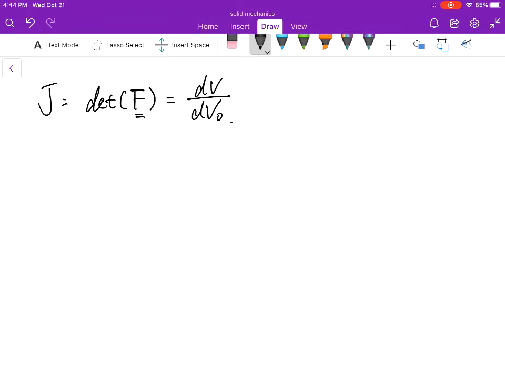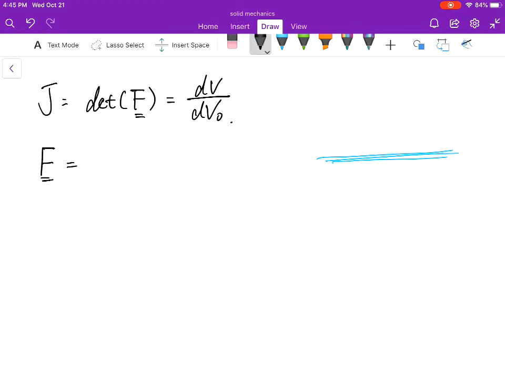Okay, in our last video we talked about the definition of the deformation gradient tensor and also how it looks for some simple deformation cases. Here I will show why this Jacobian equals the volume change. I will skip the detailed definition, but give a short recap.